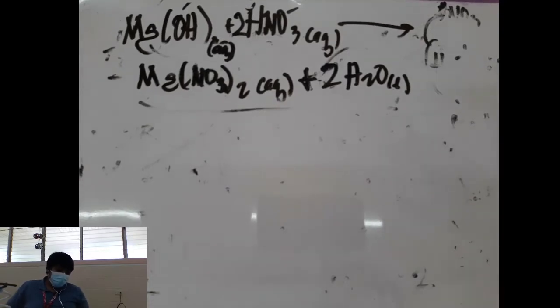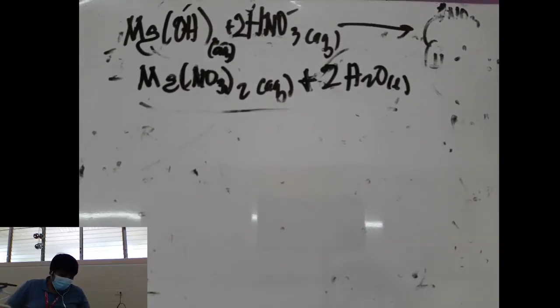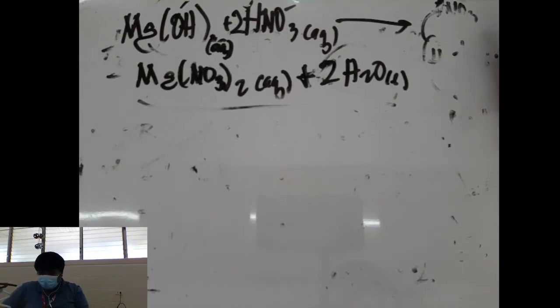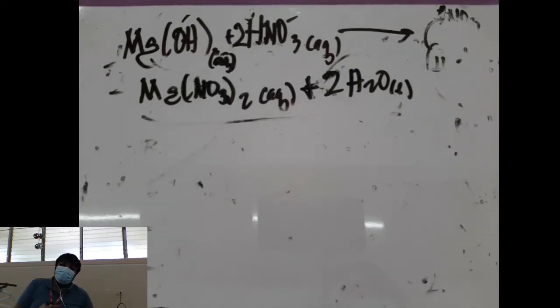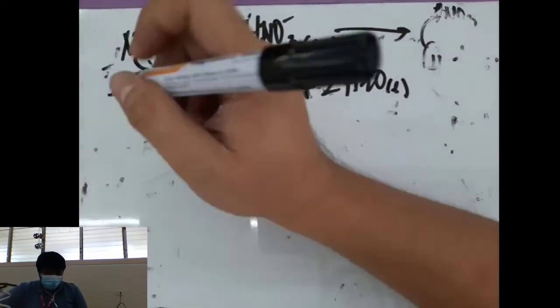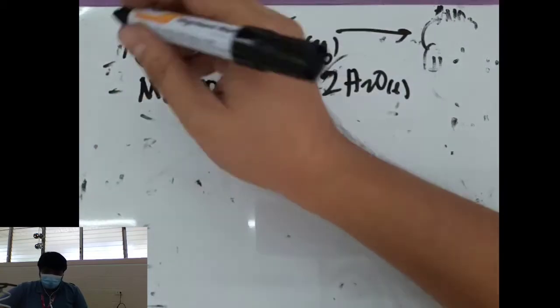So now we use this balanced reaction and the given quantities to determine the limiting reagent. I'll start with the 25 ml of 0.2 molar nitric acid.